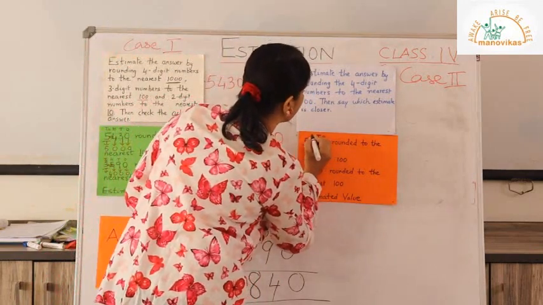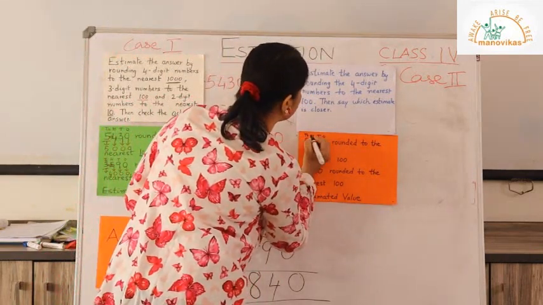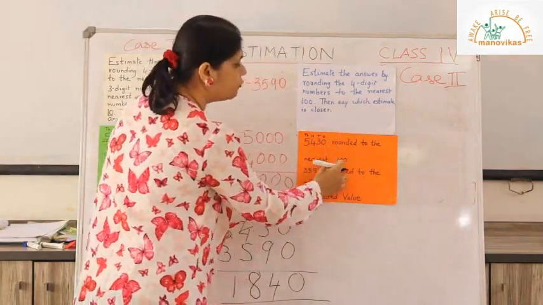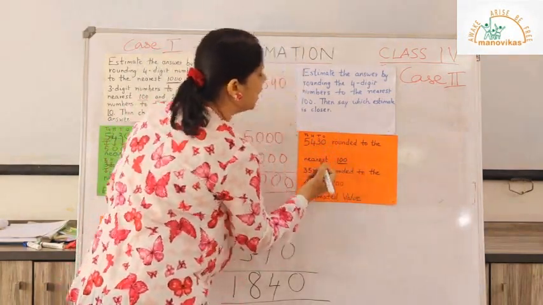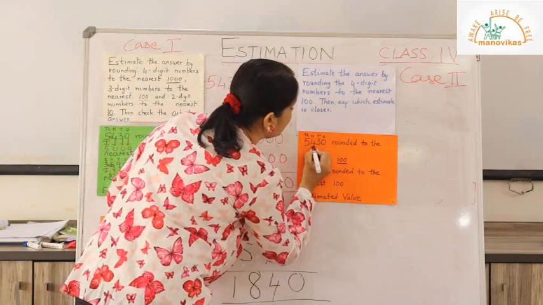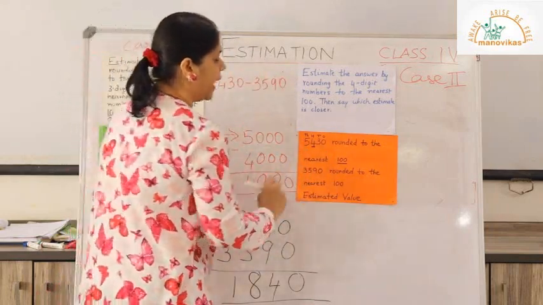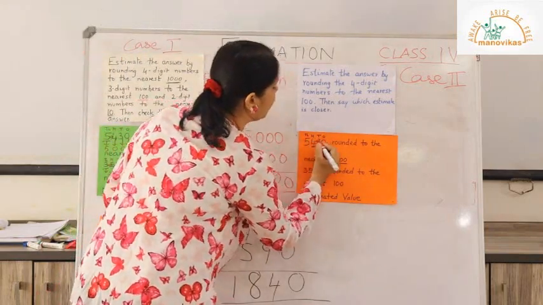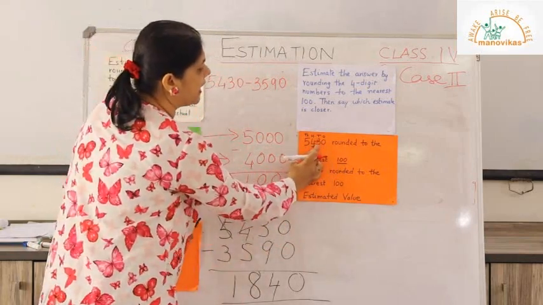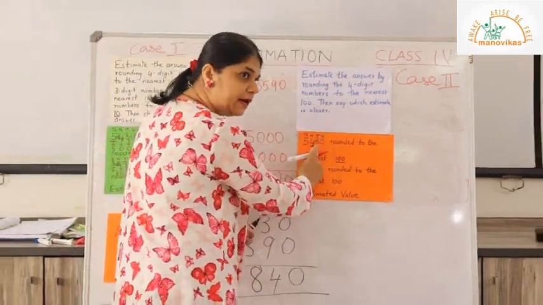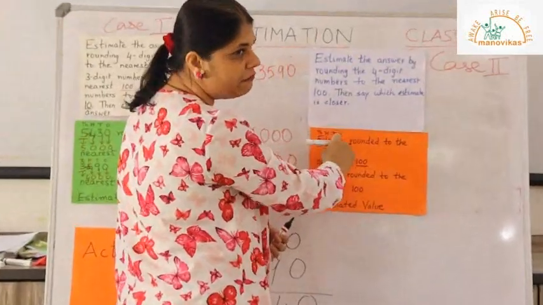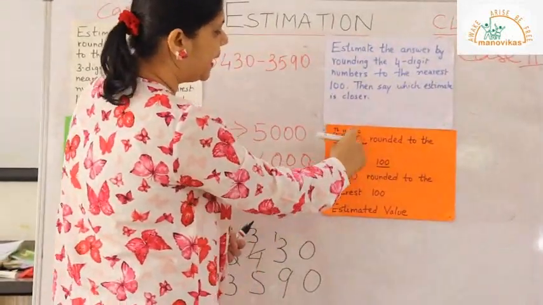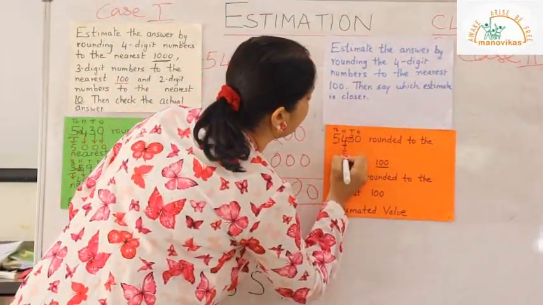Ones, tens, hundreds, thousands. So now you have to round to the nearest 100. So which place are you going to underline? 4. And which digit are you going to check? You are going to check the digit in the tens place, that is 3 here. So 3 is less than 5. So the hundreds place will remain 4.